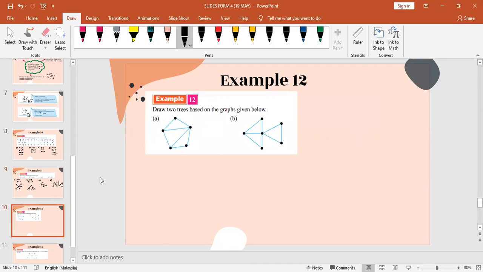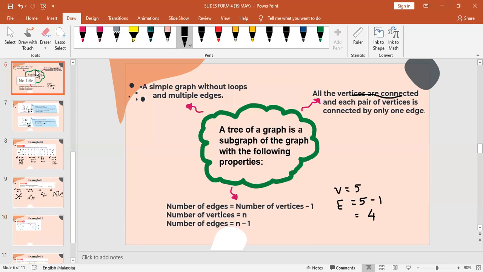Now example 12. Draw two trees based on the graph given below. Based on this graph, we have to draw two trees. A tree is a subgraph of the graph but with additional properties, such as no loops, a simple graph, all vertices connected, and the number of edges.